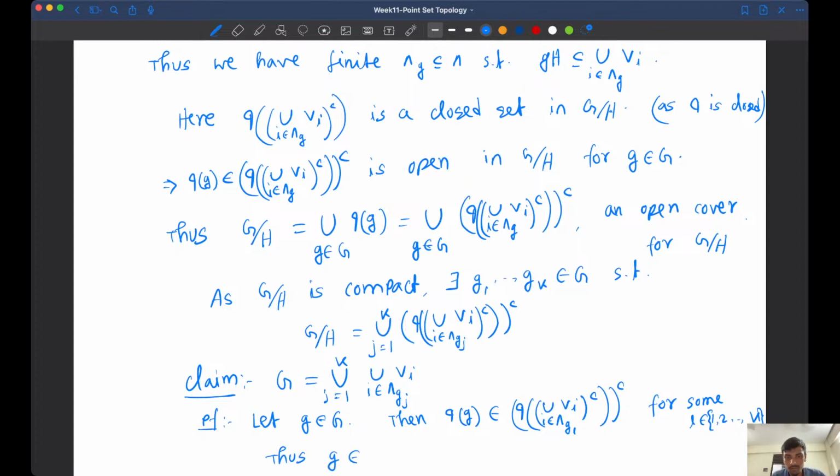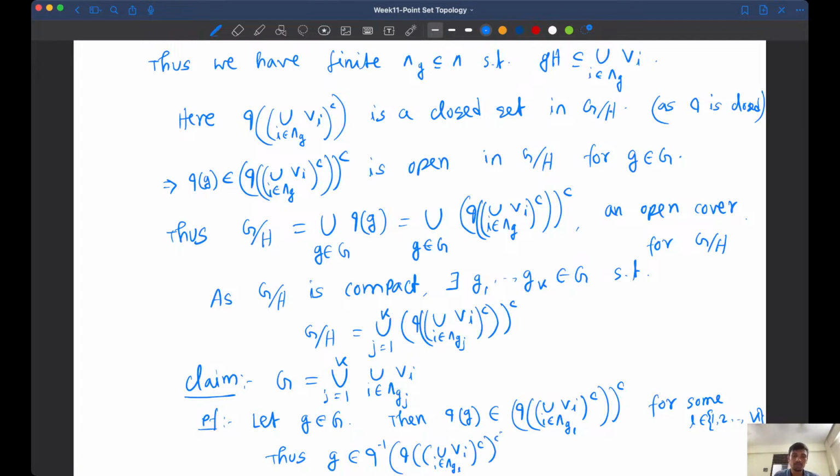So Q inverse of Q union over I belongs to lambda GL Vi, this complement and complement of all these things.